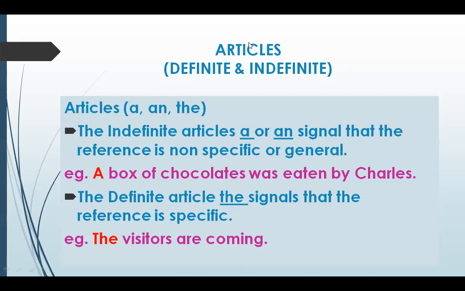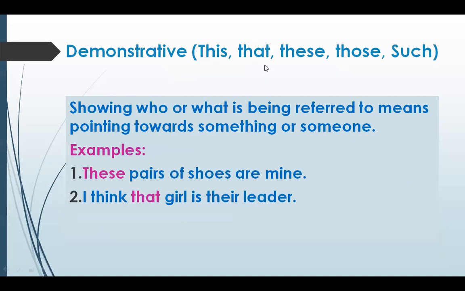The next one. Demonstrative. This, that, these, those, and such shows that who or what is being referred to, means they point towards something or someone. These pairs of shoes are mine.